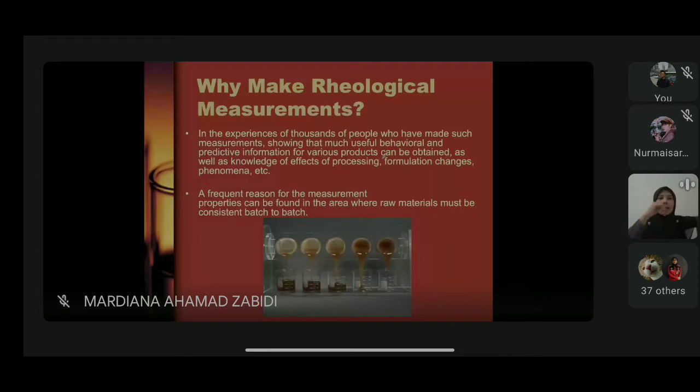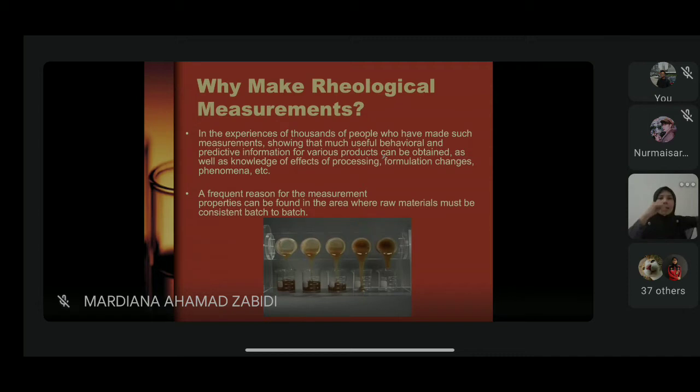Okay, when we talk about rheology, we are going to use a rheometer. When we talk about viscosity, we are using a viscometer. So when we are using a viscometer, you are only measuring viscosity.